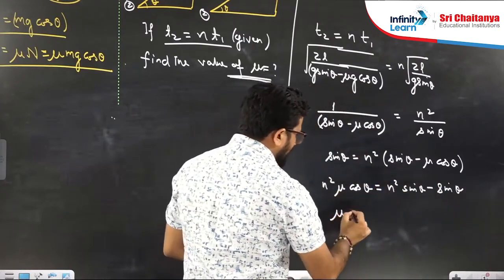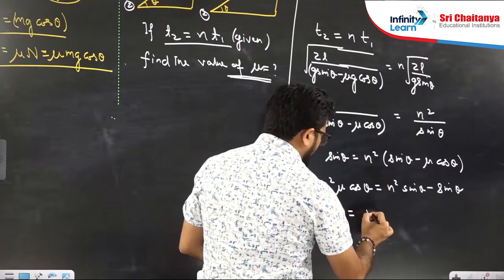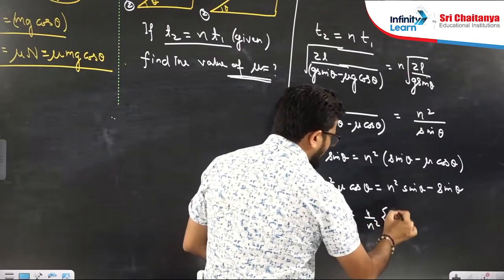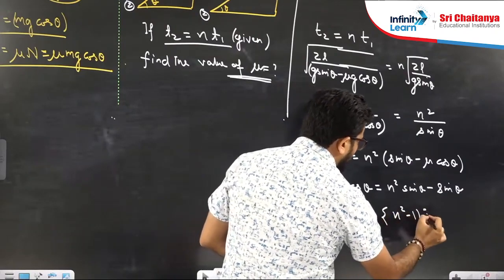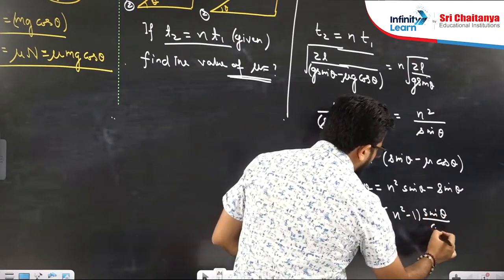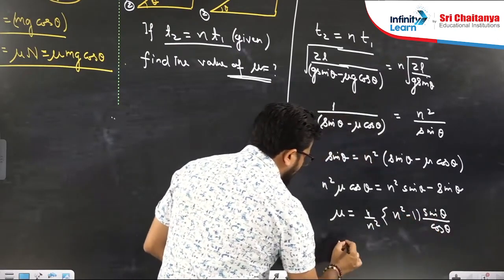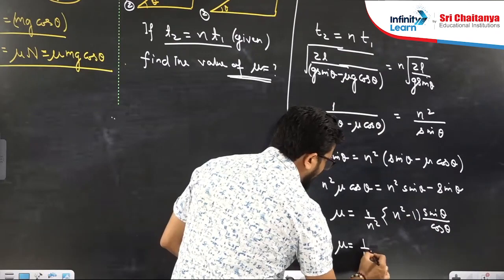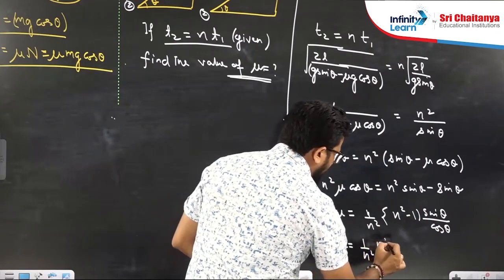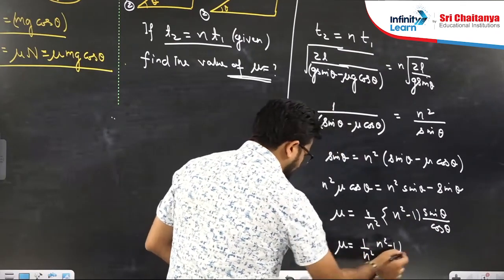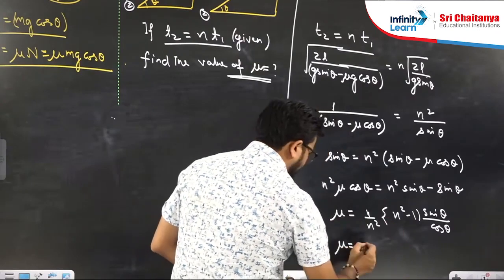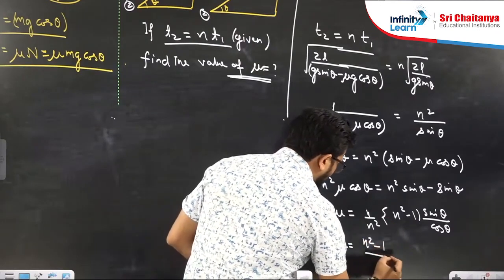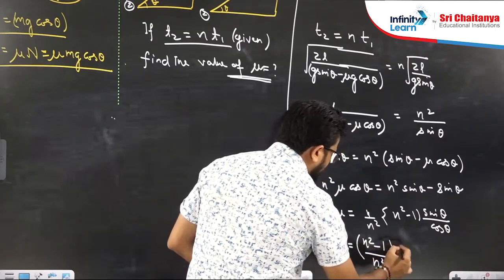So from it mu is equal to 1 by n square minus 1 sin theta divided by cos theta. That means mu is equal to 1 by n square minus 1, or I can write it more clearly: mu equals n square minus 1 upon n square into tan theta.